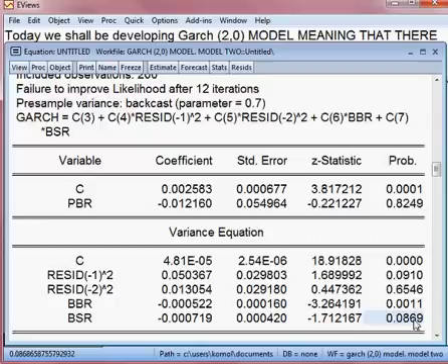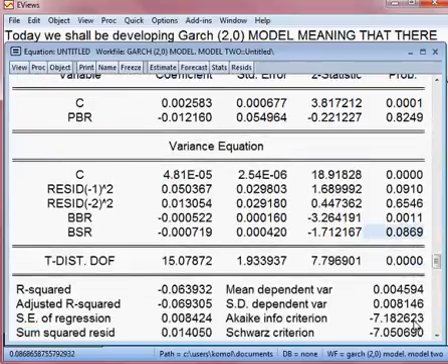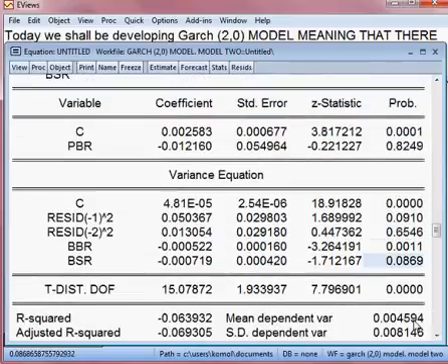So in this model, internal shocks such as ARCH 1 and ARCH 2 cannot affect the volatility of the Indian bond return, but an external shock such as BBR can affect the volatility of the Indian bond return.